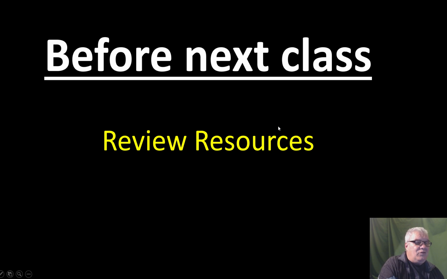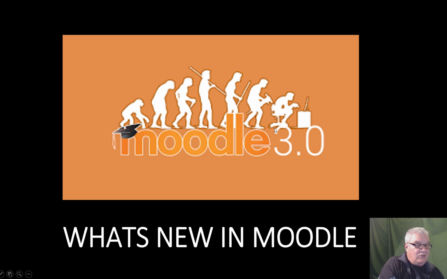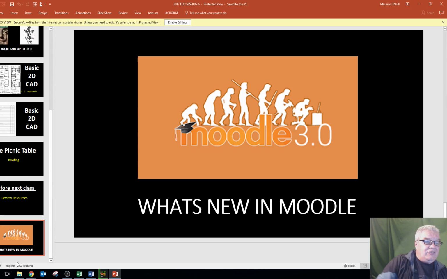Okay, so before next week or the next class, I would suggest that you review the resources that are in Moodle. And so what's new in Moodle? Well, this would be a perfect opportunity to look at those resources, which I think I have already done actually.